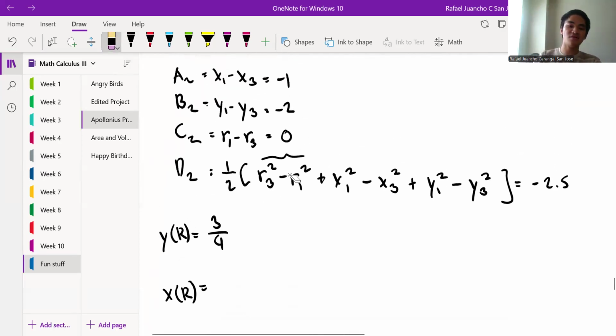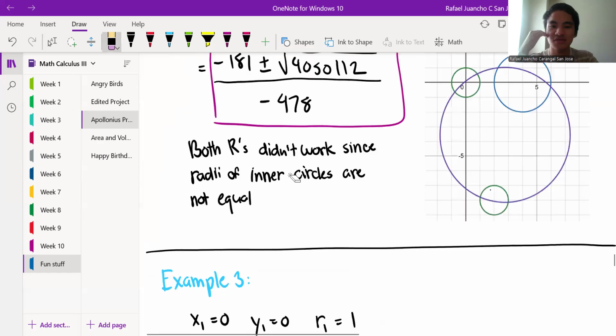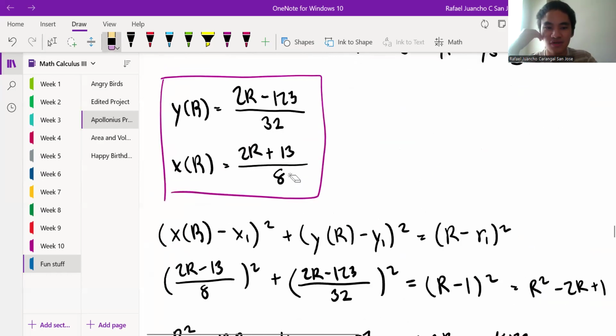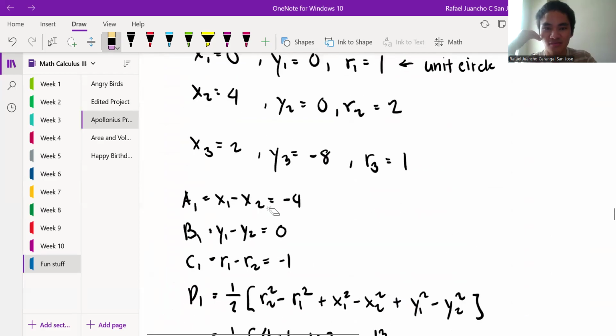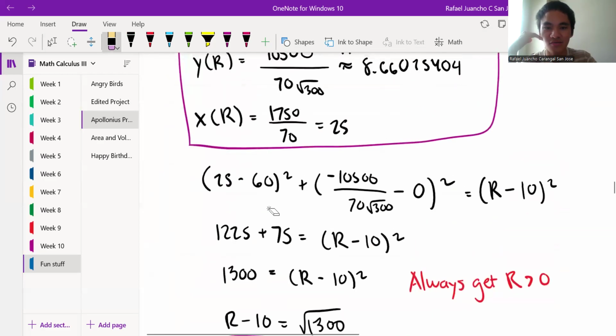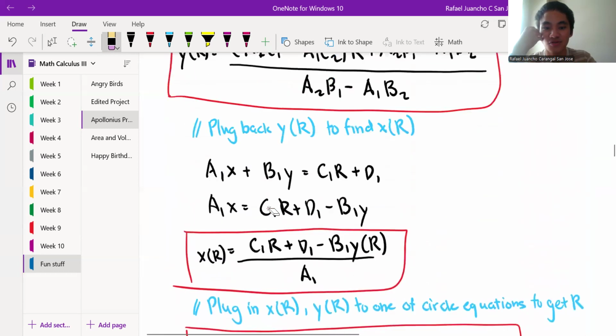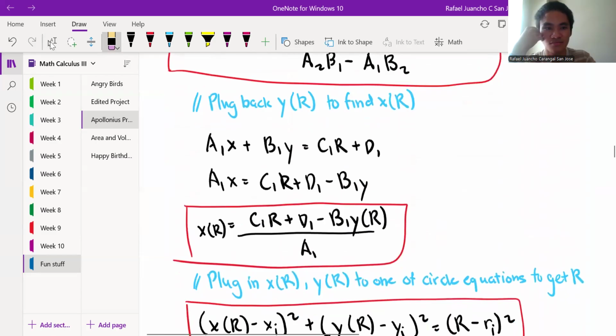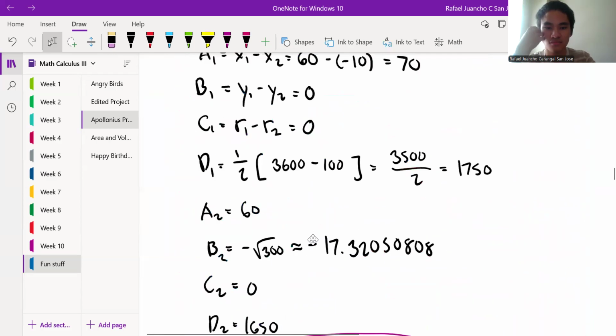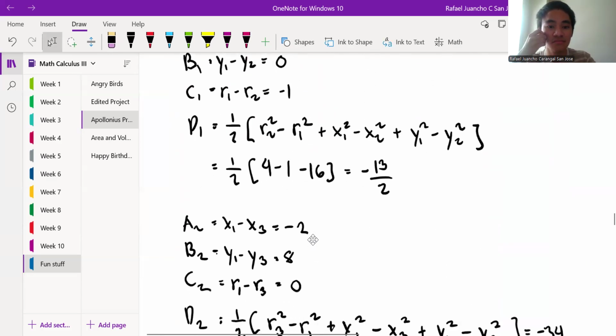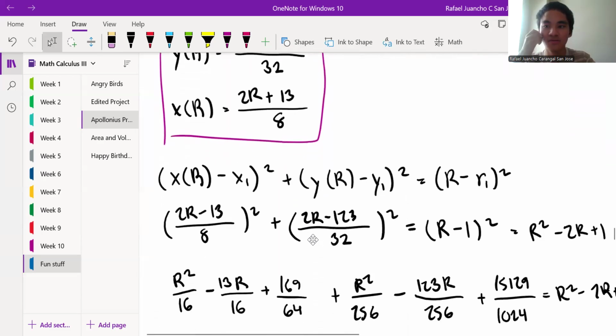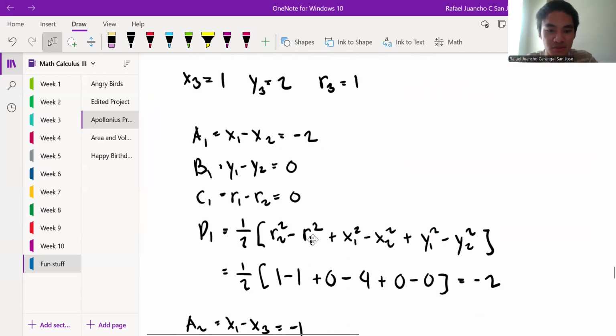Then my x of r, let me see what I get. Here's the idea with those. Again, my things are equal, so it should work, right? Okay, let me see.